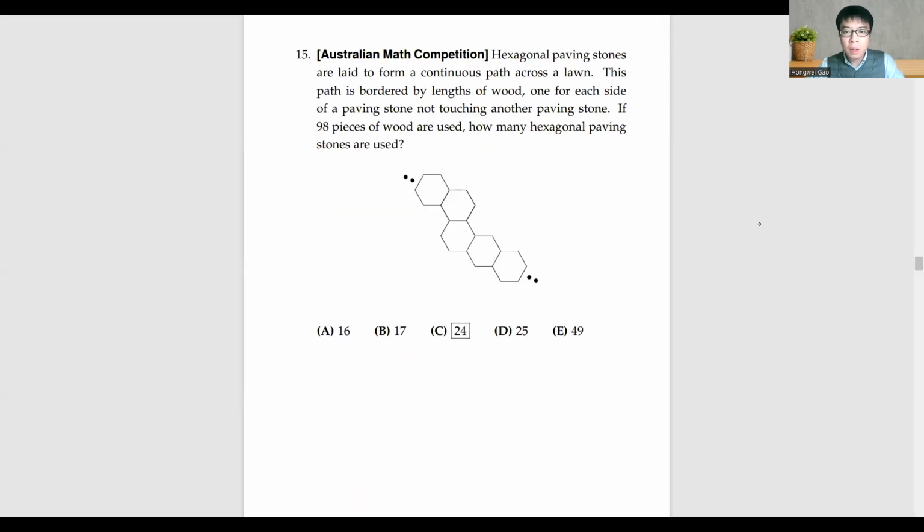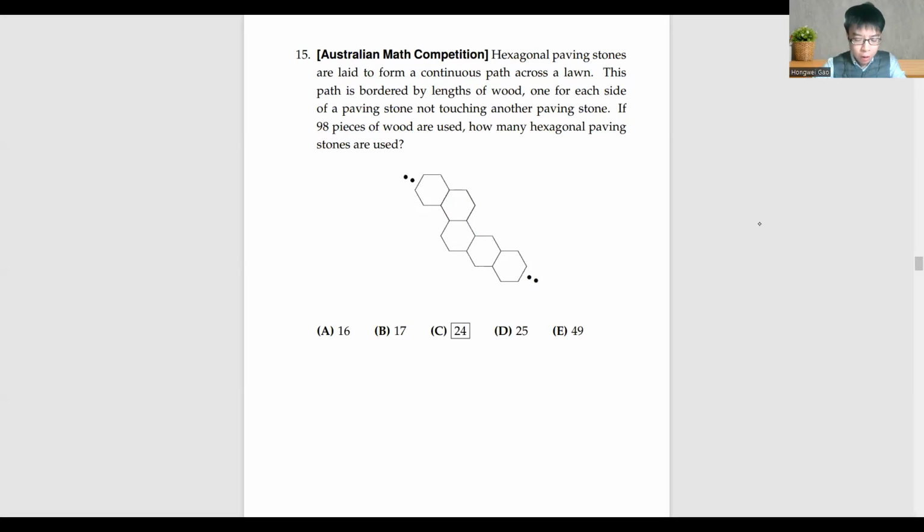Question 15. Hexagonal paving stones are laid to form continuous paths across a round. This path is bordered by lengths of wood, one for each side of a paving stone not touching another paving stone. If there are totally 98 pieces of wood used, how many paving stones are used?